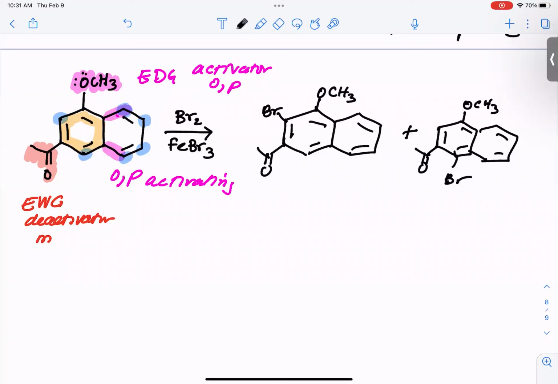The carbonyl that's highlighted in red is an electron withdrawing group and it's a deactivator. So it makes the ring less reactive and it's a meta director. Because you have those two activators, right? The ring in orange will be what reacts, right? So ortho, all right, is here and para is here.